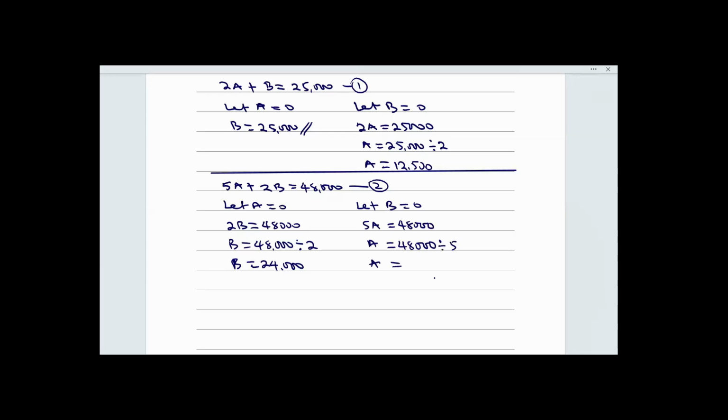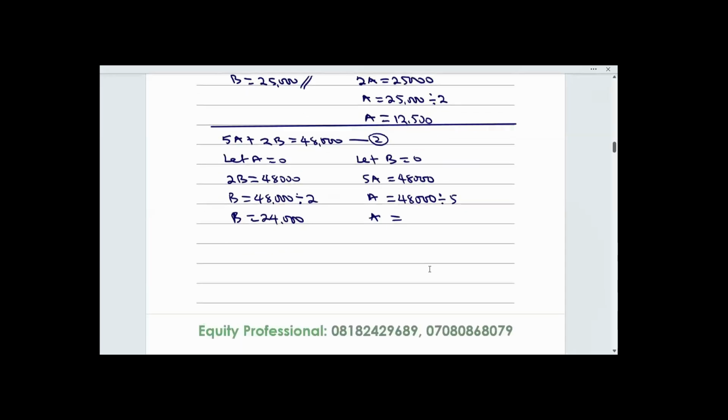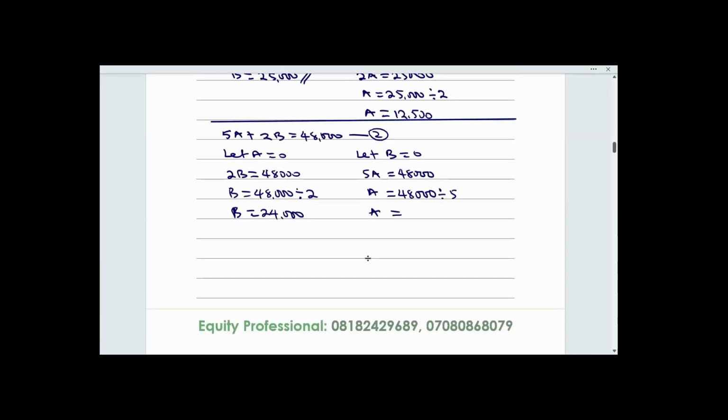Therefore, a is equal to 9,600, okay? I'm done with equation 2. I will move to equation 3.